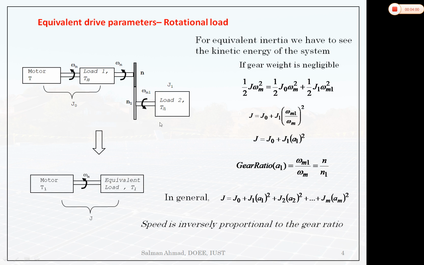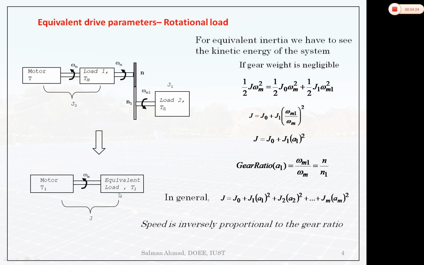So this load is running at a lower speed than this load. In some problems you will find a lot of loads running at different speeds, and our objective will be to convert that system into one equivalent load and motor system.